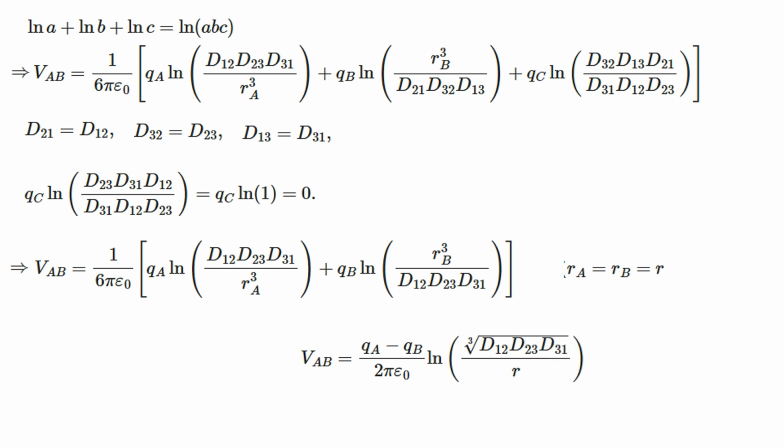Now, if we define dm as the geometric mean distance or GMD, then dm is equal to the cube root of D12 into D23 into D31.